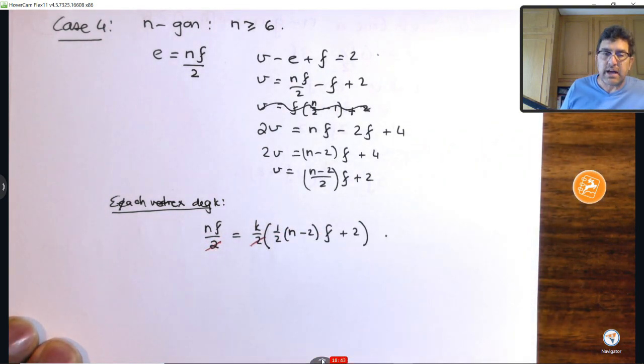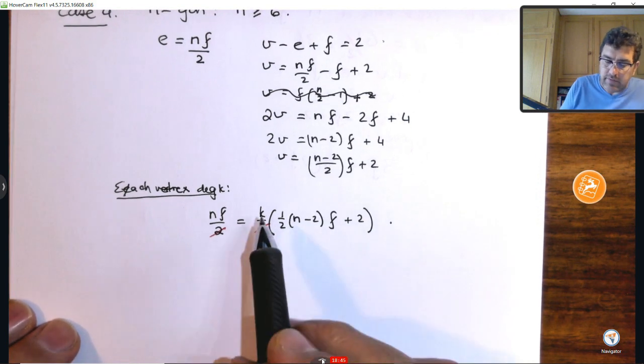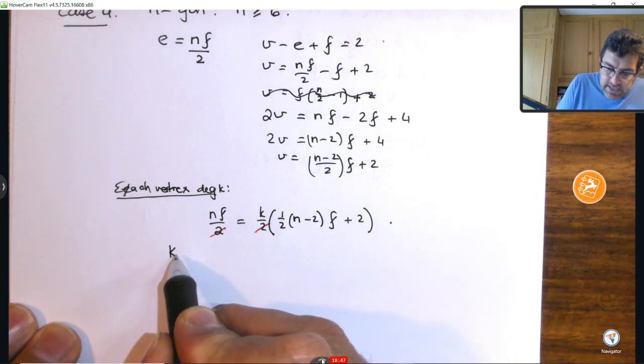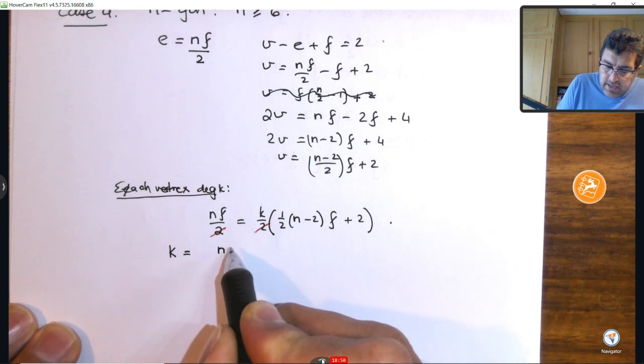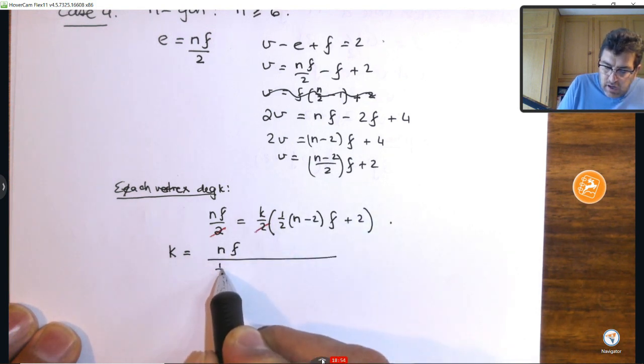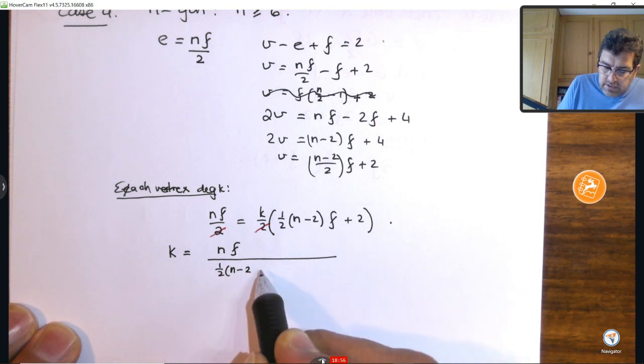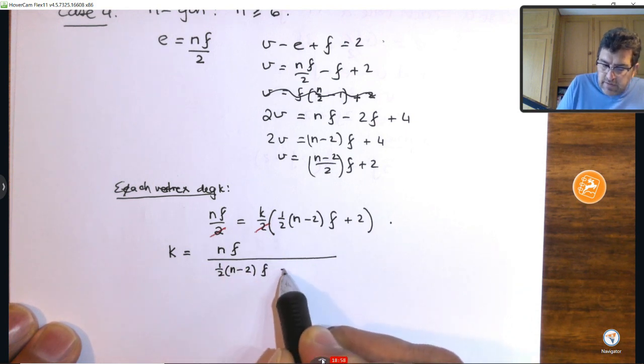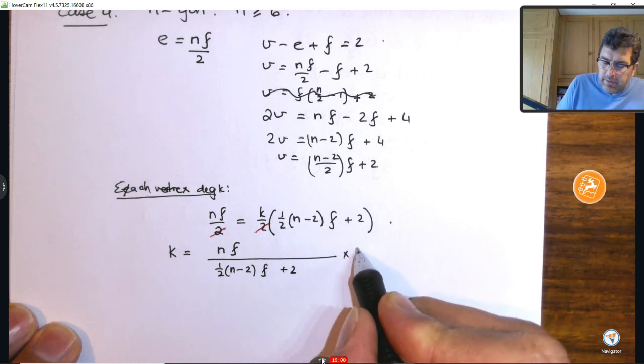We're looking for the value of k. So what is k? k will be nf on the one side divided by all of this, a half n minus 2 times f plus 2. I double up the top, I double up the bottom because there's a complex fraction.